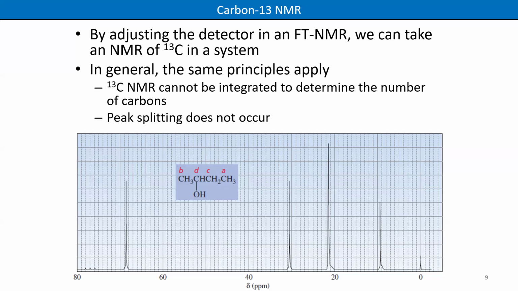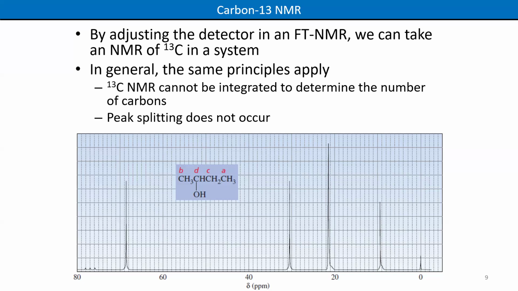Same is true for carbon 13s, but because they're bigger, it takes more energy to flip them back and forth, and it happens slower. So all we have to do is adjust the response time and the hertz, basically how long we're waiting and how much energy we're putting in to flip it. And we can get carbon 13 NMR.